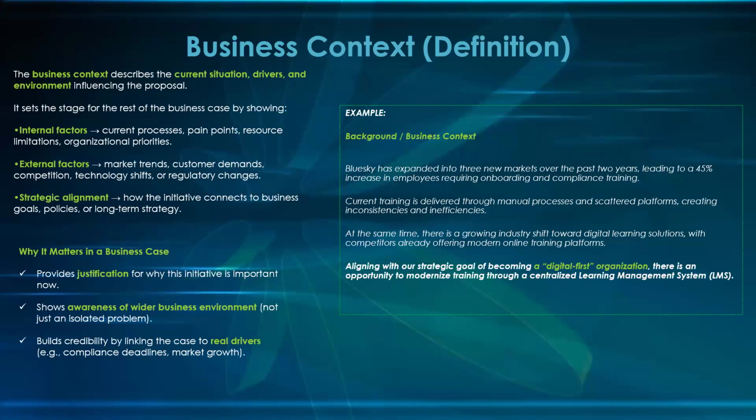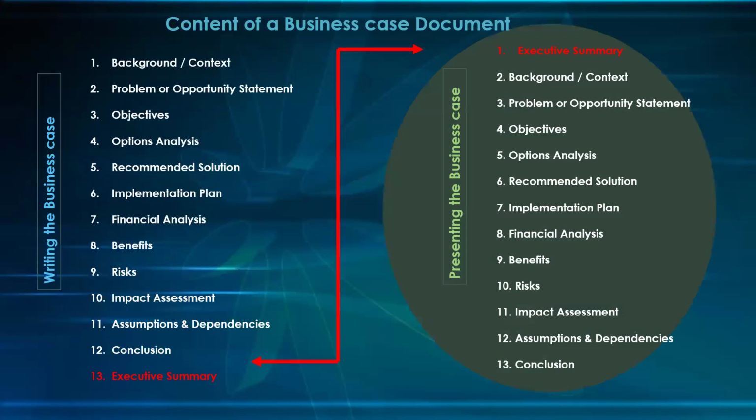Now, we go back, we can see the business case starts with the background or context. I'm going to be talking about each of these items from 1 down to 13.